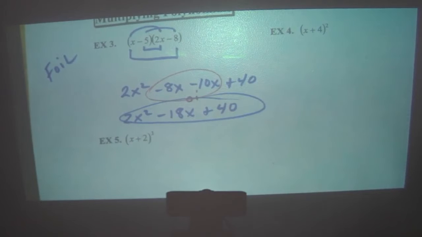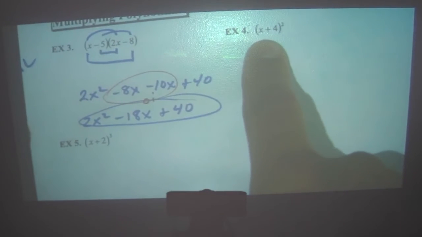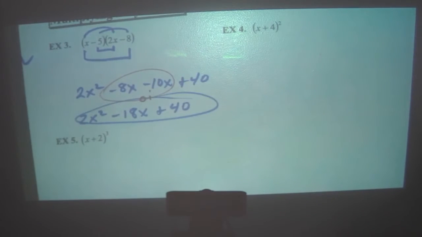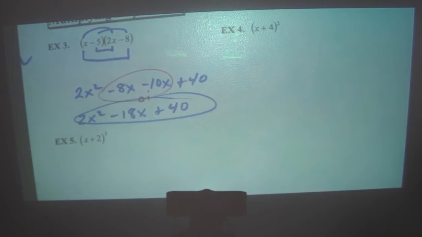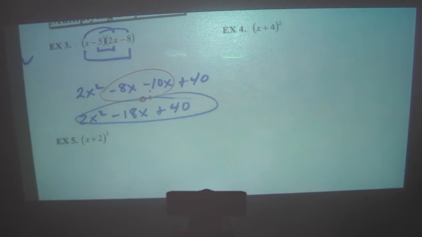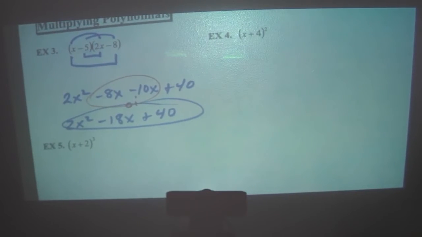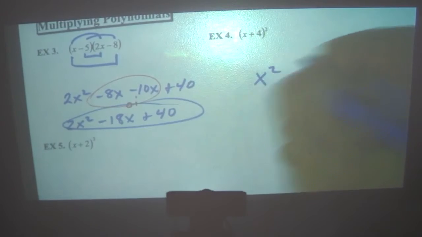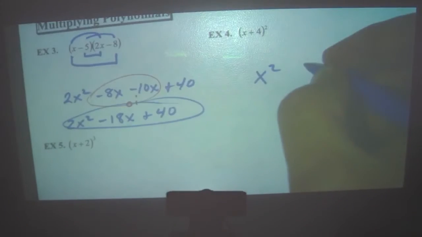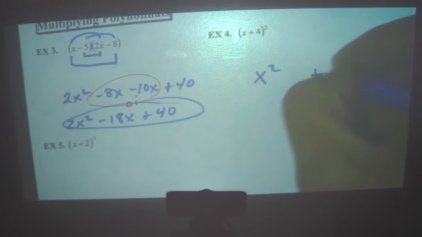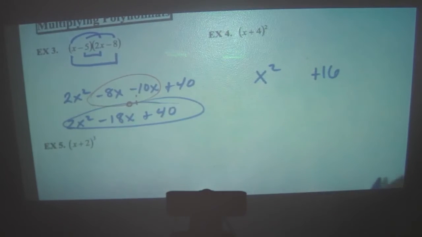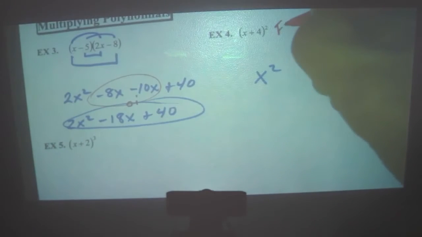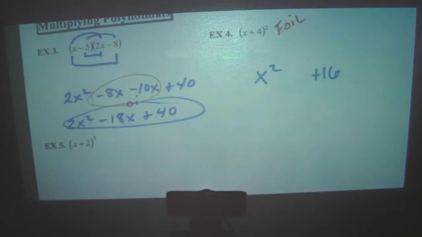All right, gang. So we're moving on to the next example. So I got example 4. I've got x plus 4 quantity squared. Okay. If you type this in and you say the answer is x squared plus 16, because x squared is x squared and 4 squared is 16, my math lab is going to say that's not right, because we must FOIL this guy.